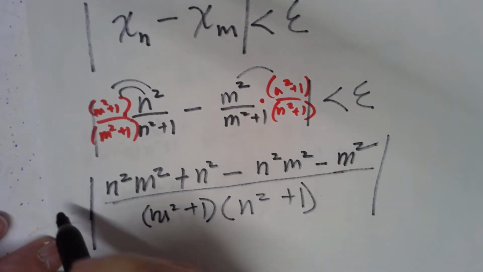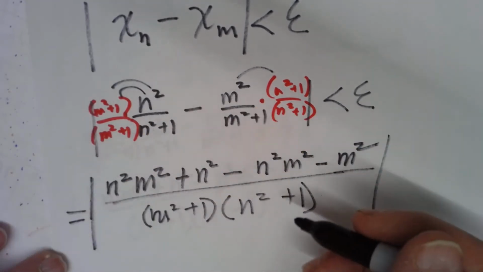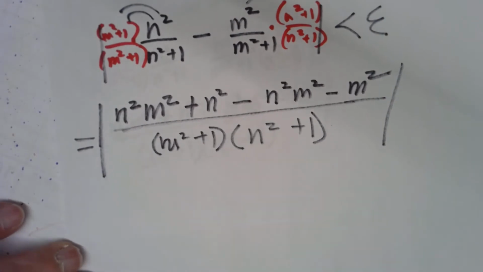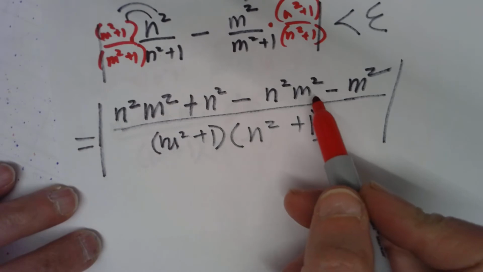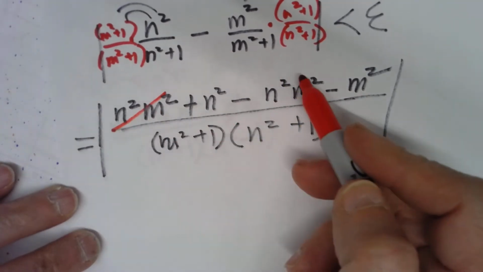Okay, so that equals what we did up there. Well, the n squared m squared terms are opposites, so they cancel out to 0.